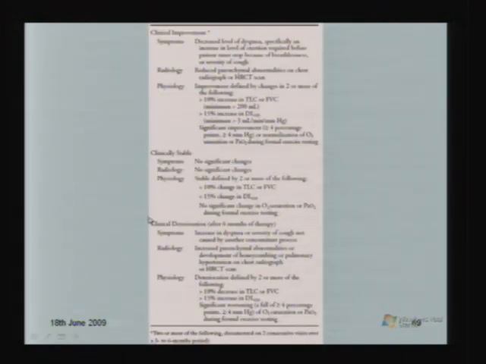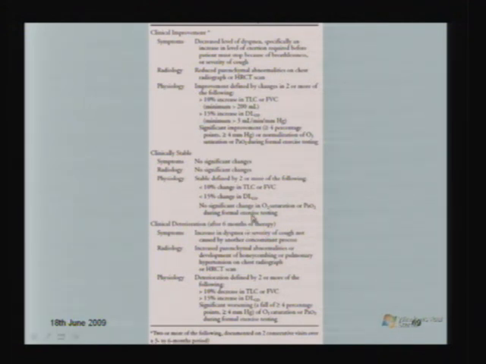The clinical improvement during midterm assessment includes improvement in symptoms, that is decreased dyspnea, specifically an increase in the level of exertion; improvement in radiology, as evidenced by reduction in the parenchymal abnormalities on chest X-ray and HRCT; and improvement in physiology, as evidenced by a 10% increase in TLC or FVC with a minimum of 200 ml and a 15% increase in DLCO with a minimum of 3 ml per minute per millimeter mercury.